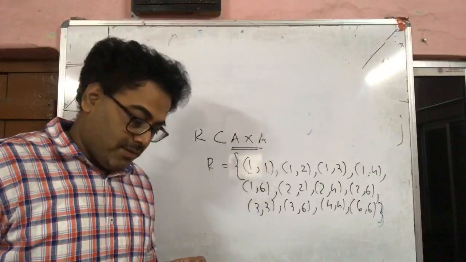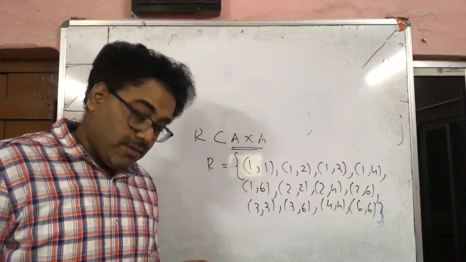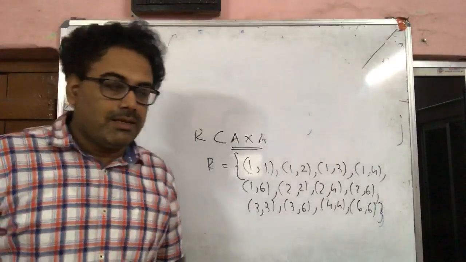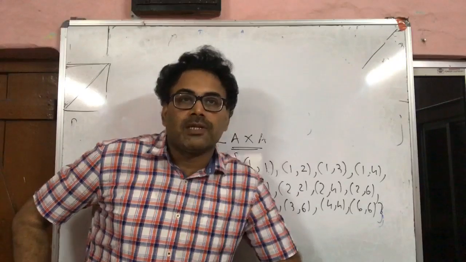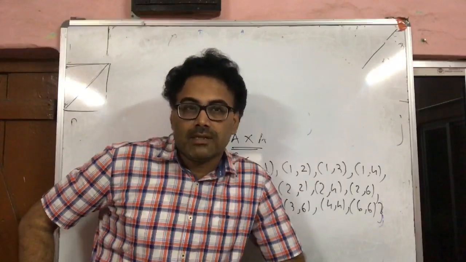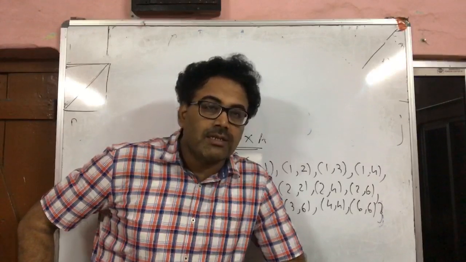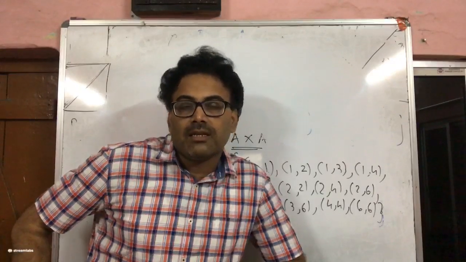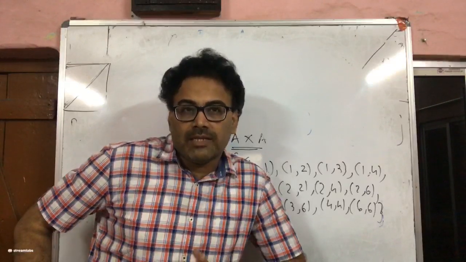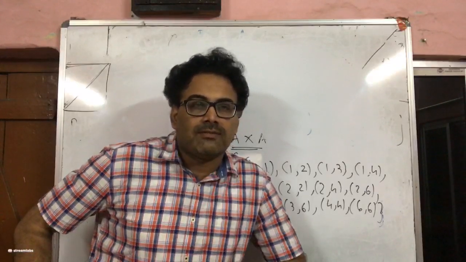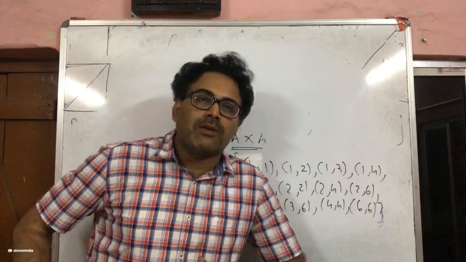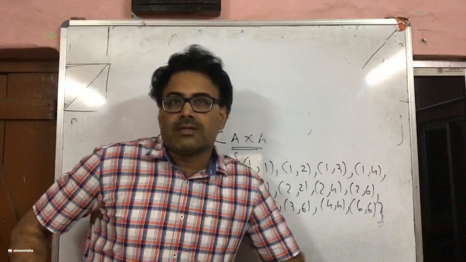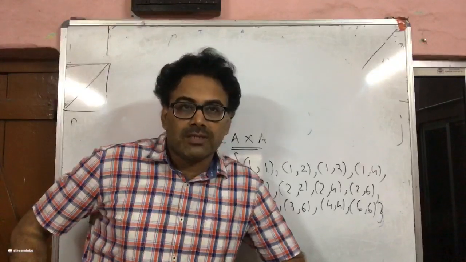First we have learned A cross B. Then a subset of A cross B, which is called relation. So in case of relation, by the definition there was no restriction. Any collection of pairs taken from A cross B, a relation is formed. No such restriction in the definition.